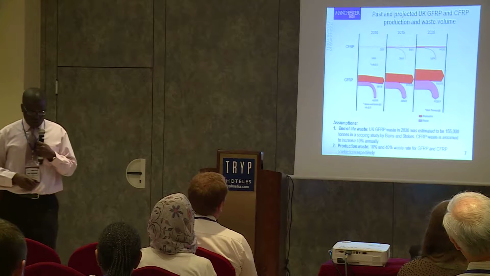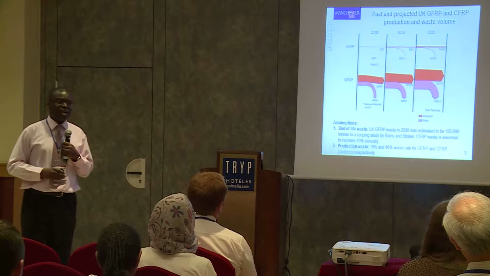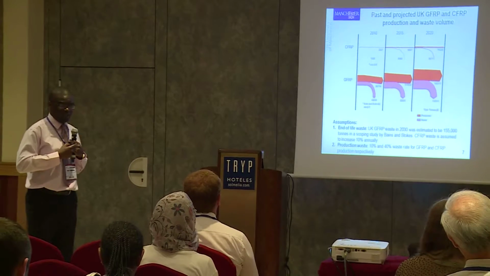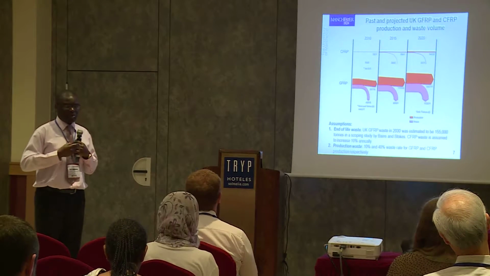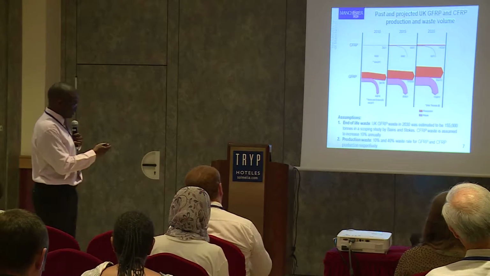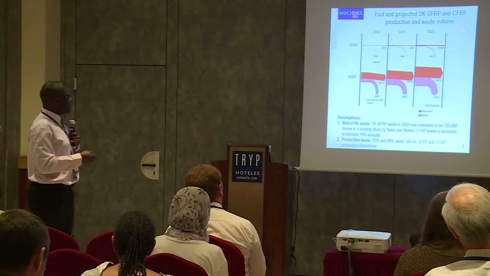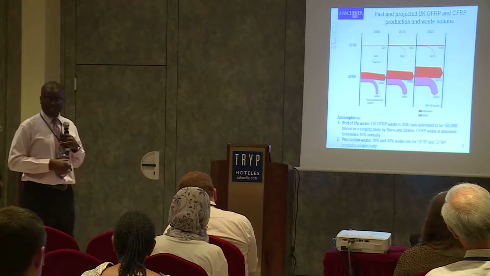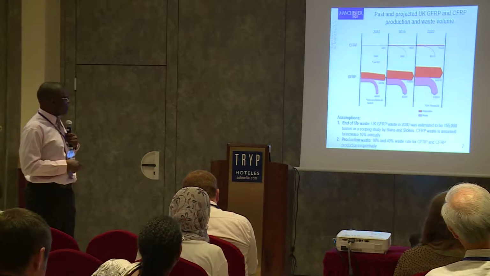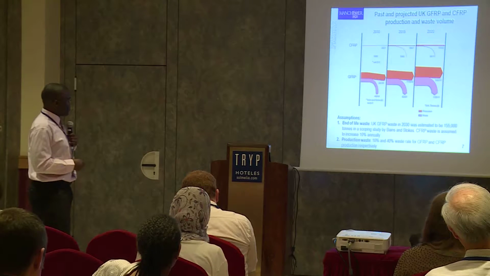What we started doing is trying to understand how much scrap or composite waste we have within the UK supply chain, because if you want to recycle something, you need to know what quantity is available. So we looked at this approach, called Sankey diagrams, a very useful way of modeling resources within a supply chain.